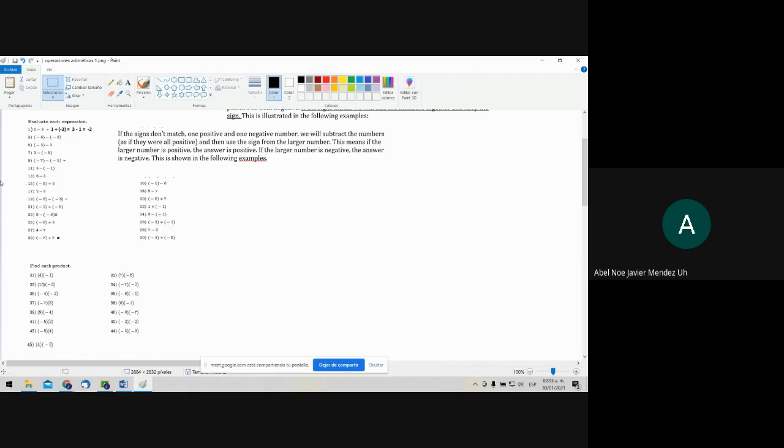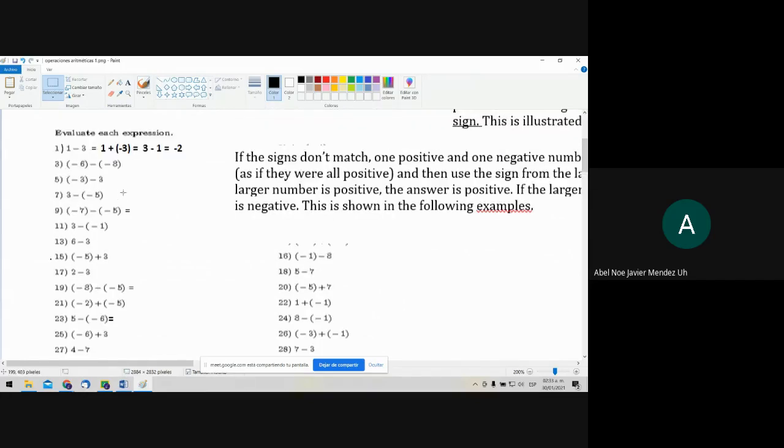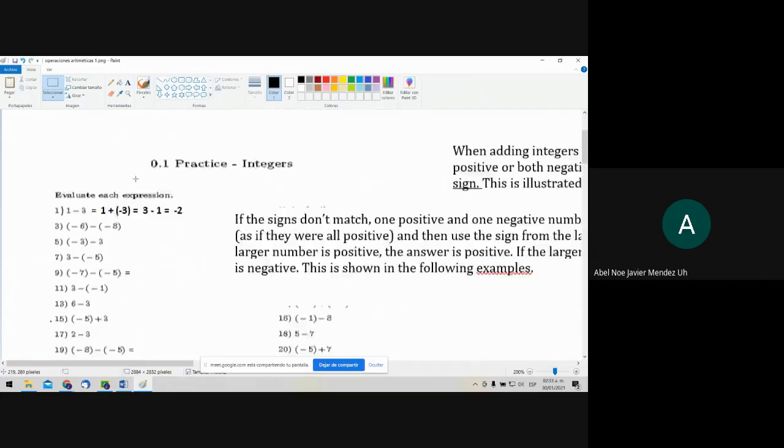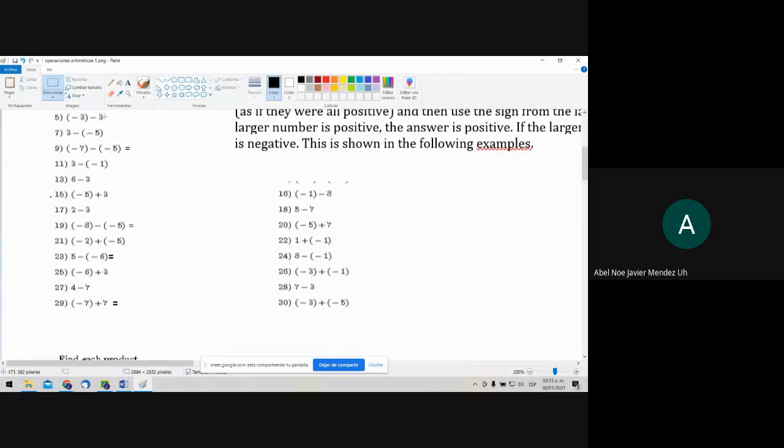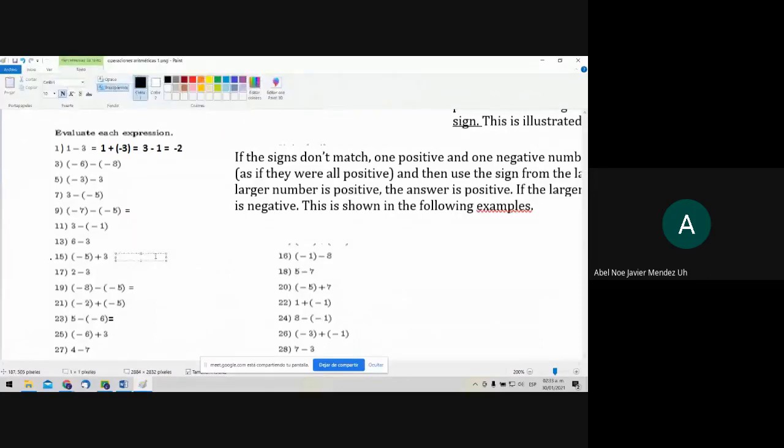Okay, let's continue solving these operations. Maybe the number 15. Number 15. And we have here an addition.